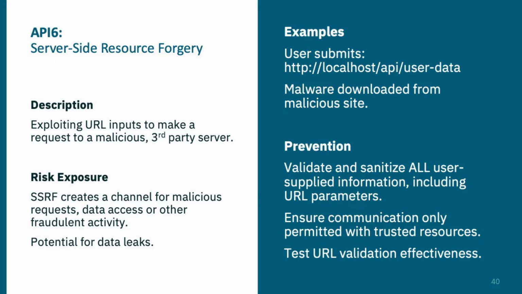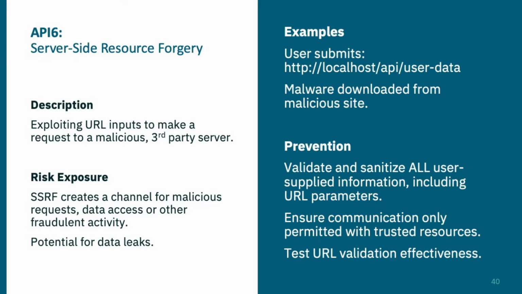Here's an example. A particular endpoint required the user to provide a URL. Maybe that was a URL of their LinkedIn address or something like that. Instead of putting a legitimate LinkedIn address, they inserted localhost/api/userdata. Maybe that was just a guess, but what they were doing is instructing the server to access this particular file on the host itself with user data and potentially return that data back to the requester, right?